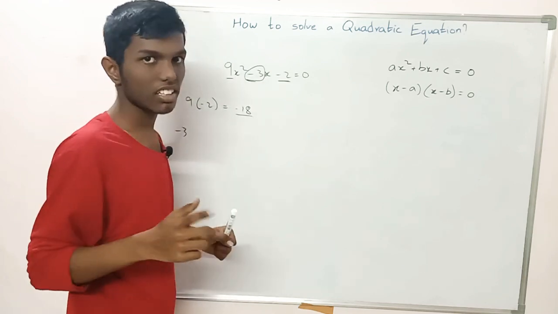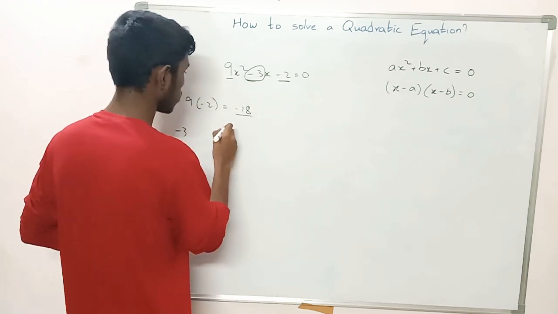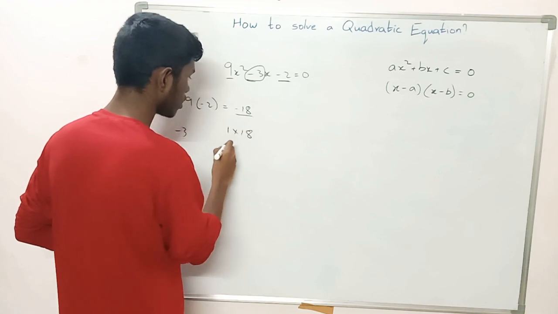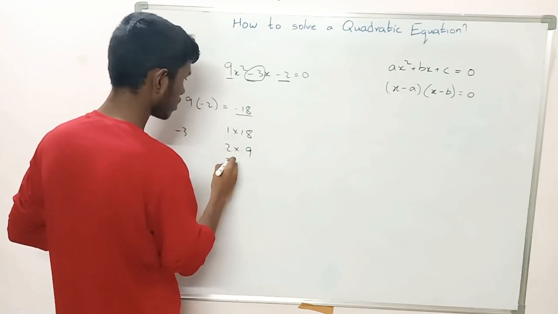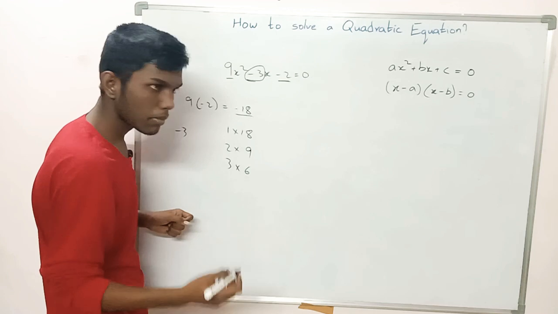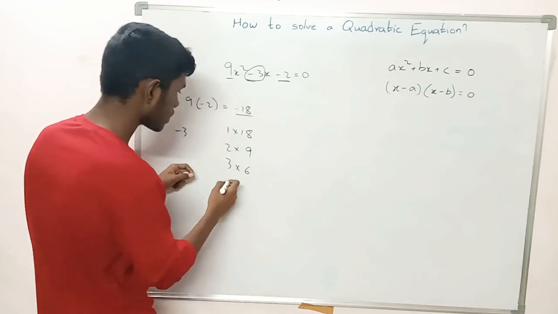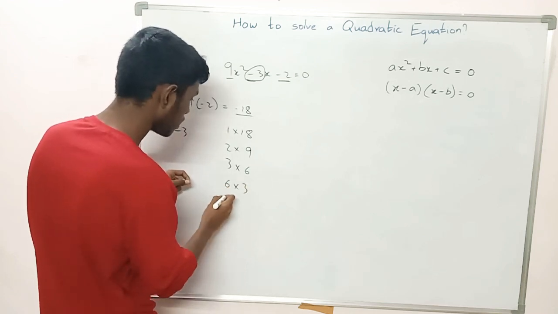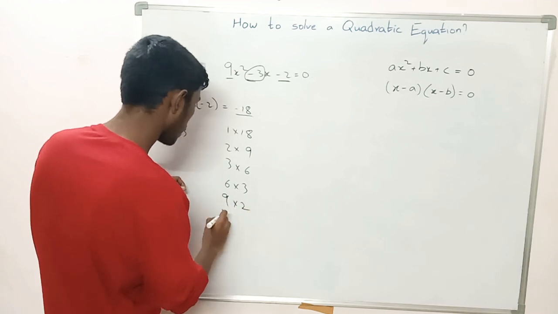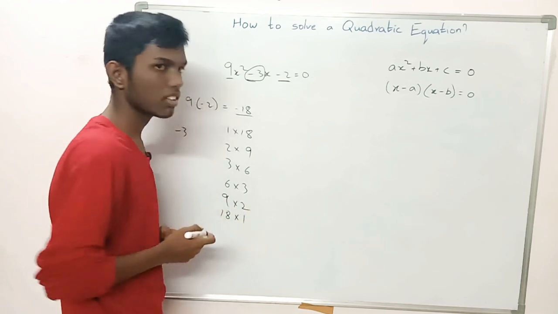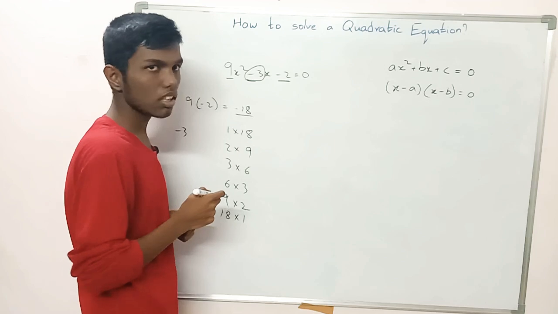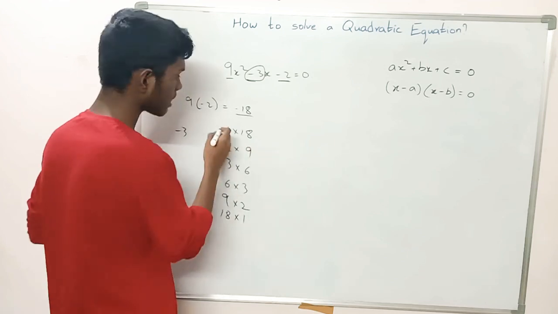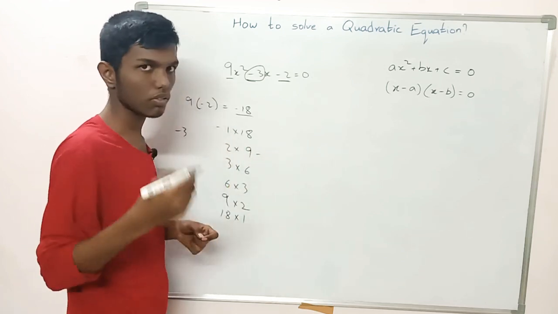So let's check. 18: 1 into 18, 2 into 9, 3 into 6, and the remaining is the same, it comes in the reverse order: 6 into 3, 9 into 2, and 18 into 1. It is a minus symbol, so we can put minus either here or here, it's your wish.